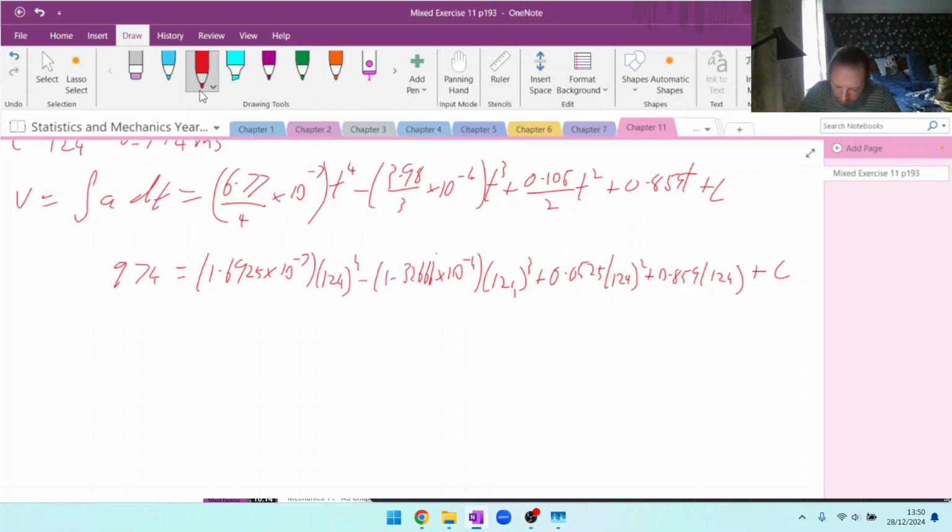Okay, 974 minus big bracket 1.6925 times 10 to the power minus 7 times 124 to the power 4 minus 1.326666 times 10 to the power minus 4 times 124 to the power 3 plus 0.0525 times 124 squared plus 0.859 times 124.